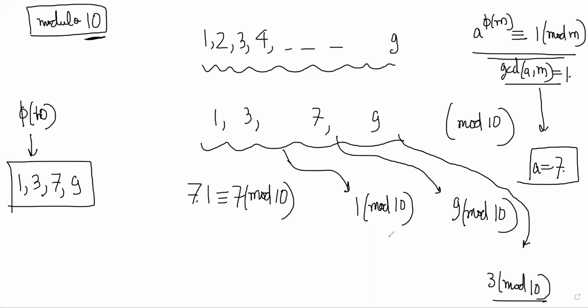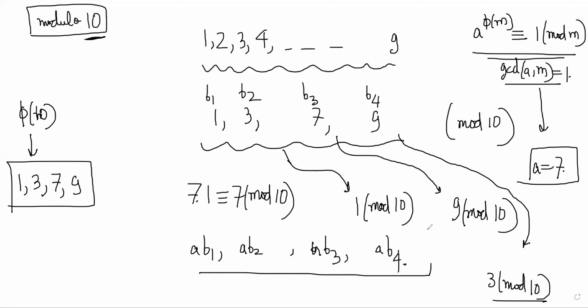So what you are saying is B1, B2, B3, B4 was such that when I multiplied by A, AB1, AB2, AB3, and AB4 are also the same. 7, 1, 9, 3, and this was 1, 3, 7, 9. Just the order has been changed.